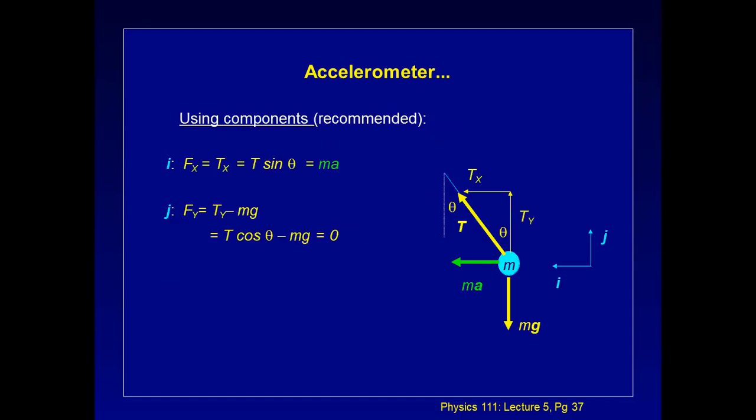If we consider further the components of the forces, your Fx is equal to the tension in x, which is T times sine of theta, equal to mass times acceleration, and then the y component, Fy, is equal to Ty minus mg.